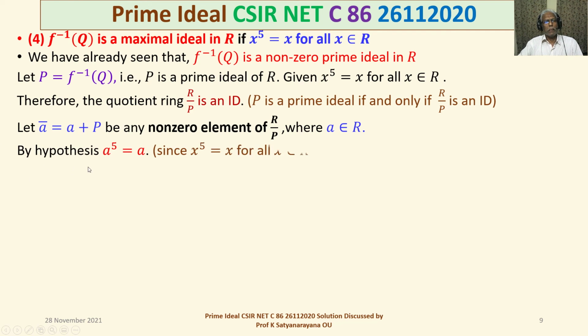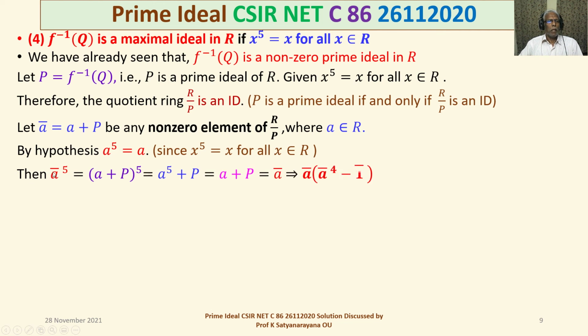By hypothesis, A power 5 is equal to A. Why? Because in R, x power 5 is equal to x for all x belongs to R, and A belongs to R. Therefore, by hypothesis, A power 5 is equal to A.